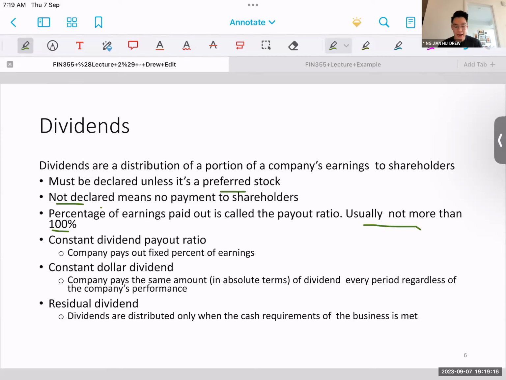Earlier I mentioned there are a few methods for paying dividends. It can be a fixed payout ratio here, right? Or a constant dollar, so it can be, say, every time I'll pay $2 per share. It's a constant dollar. Residual means that if there is any cash, then I'll pay out all the leftover cash, the residual cash that I have, right? So that's a residual dividend kind of method.